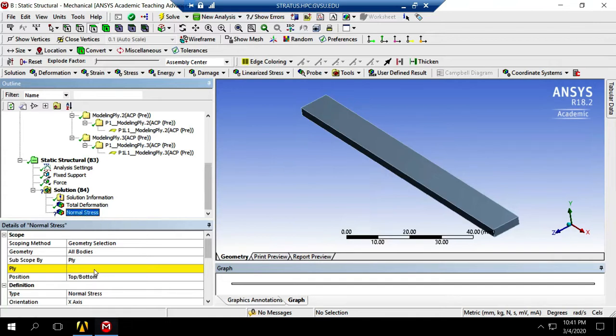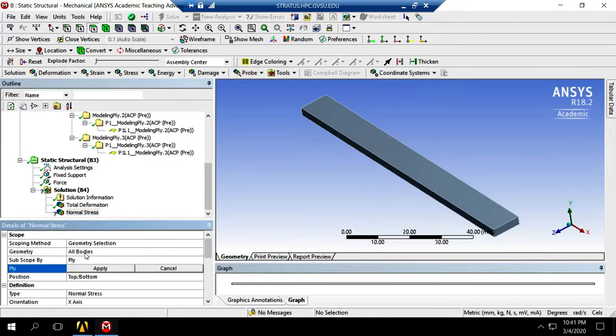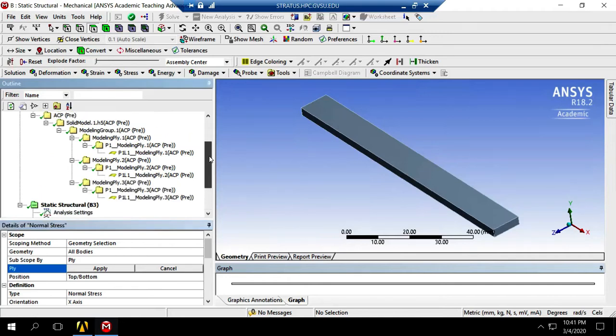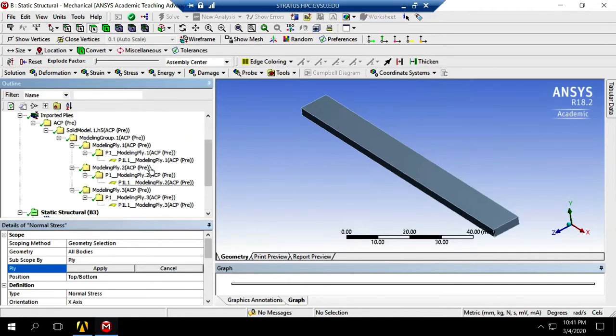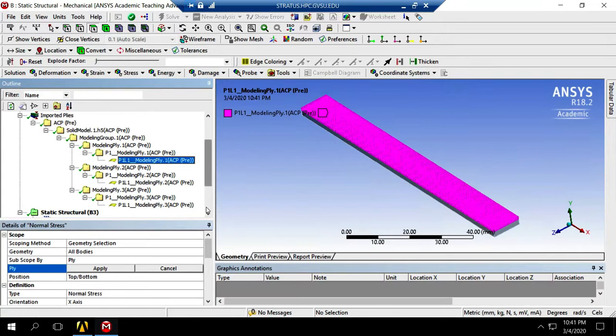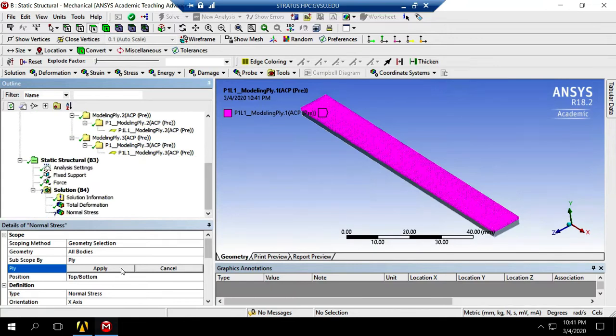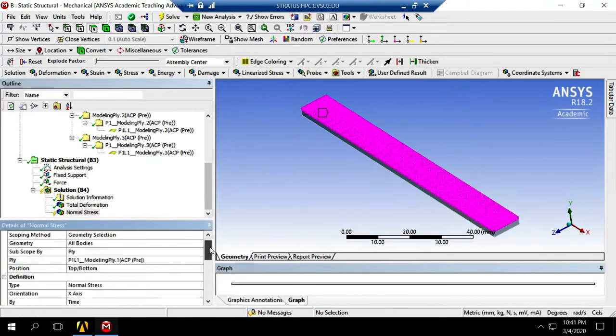When you select normal stress, the software is going to ask us what ply we are interested in seeing our stresses. So I can go up here and select the top layer, and once I hit apply, the top layer is selected.